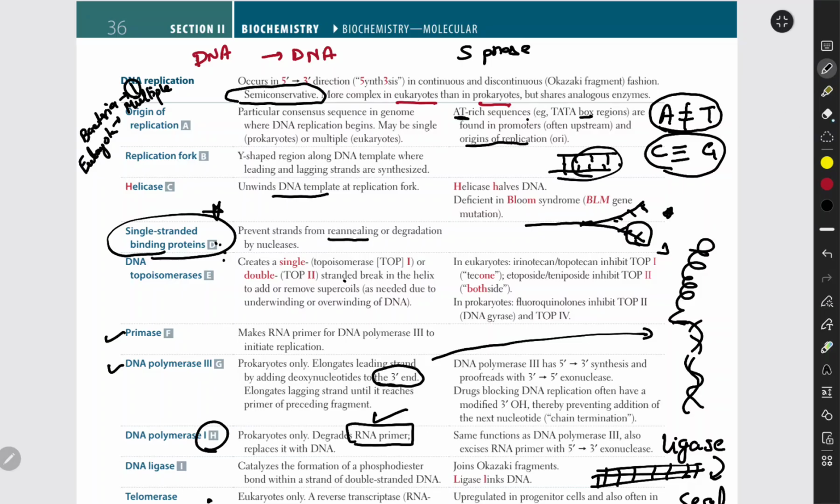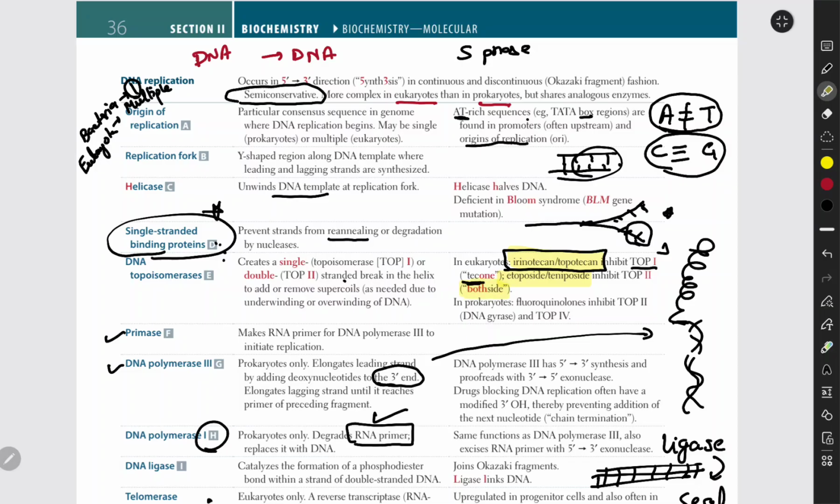So for inhibiting topoisomerase 1, you give irinotecan or topotecan. They've given a very good mnemonic: think of it as TIC1. So irinotecan or topotecan are the ones that inhibit topoisomerase 1, and for topoisomerase 2, we can give etoposide and teniposide, both sides, right?